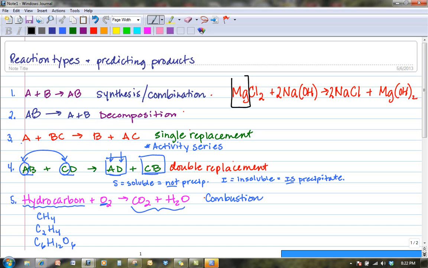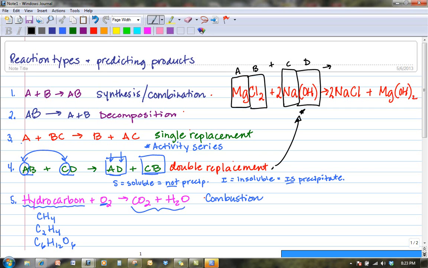So here my magnesium will be letter A, chloride will be B, sodium is C, and hydroxide is D. Well, here what I've got is AB plus CD. And the only type of reaction that has AB and CD on the reactant side would be double replacement. And that's exactly the type of reaction this is, double replacement.